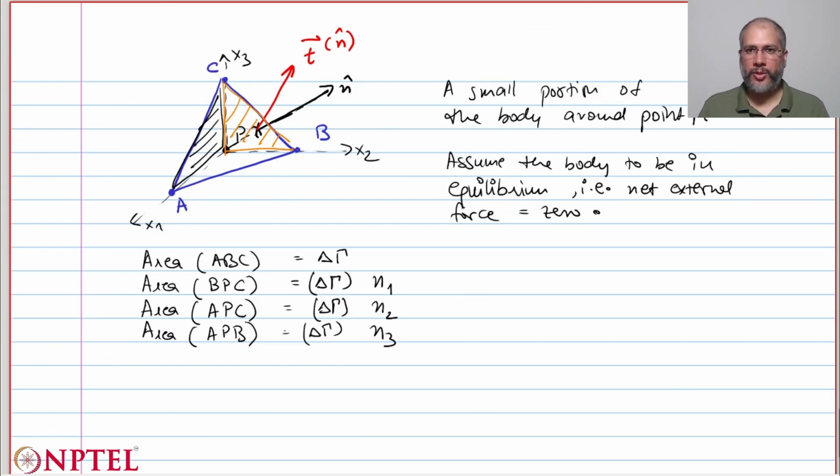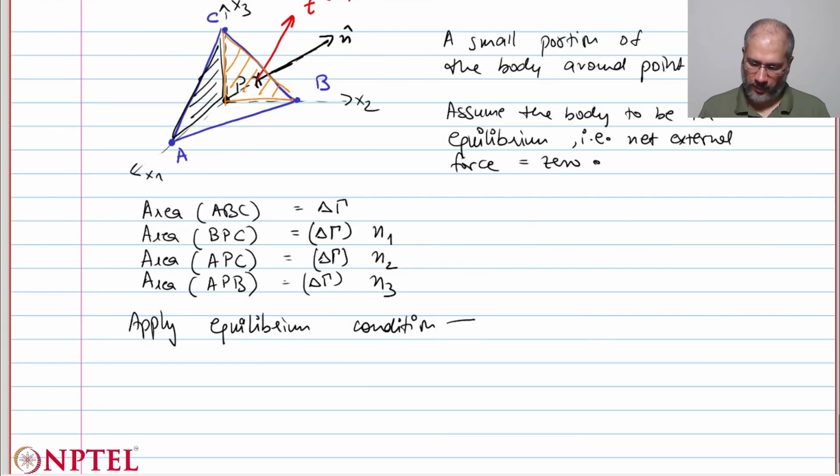And now with this knowledge, I'll now apply the equilibrium equation. So when we apply the equilibrium condition, we'll have a sum of all the external forces equal to 0 on this tetrahedron, and the external forces can be written as a sum of surface forces and the sum of body forces.